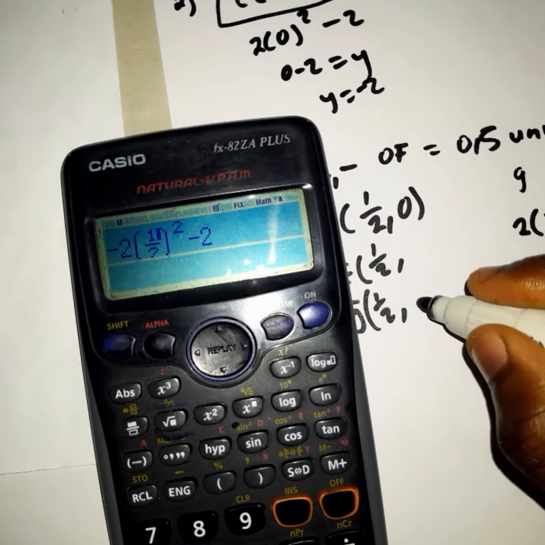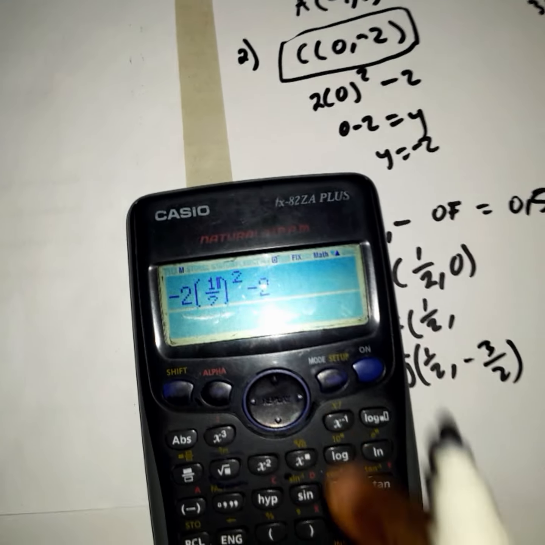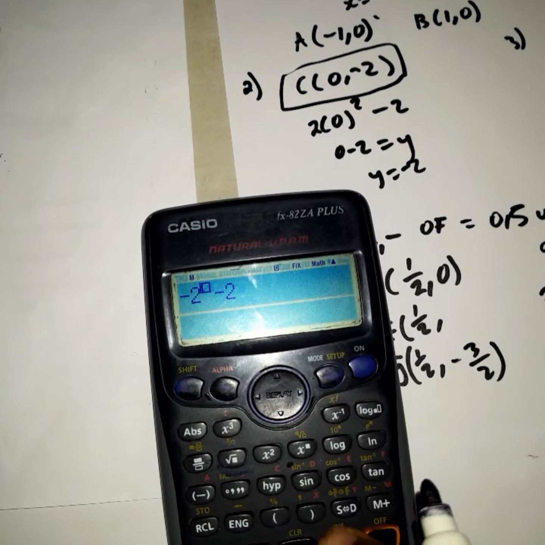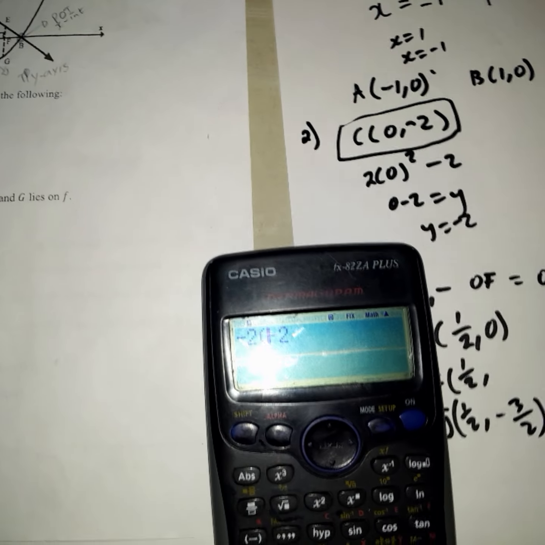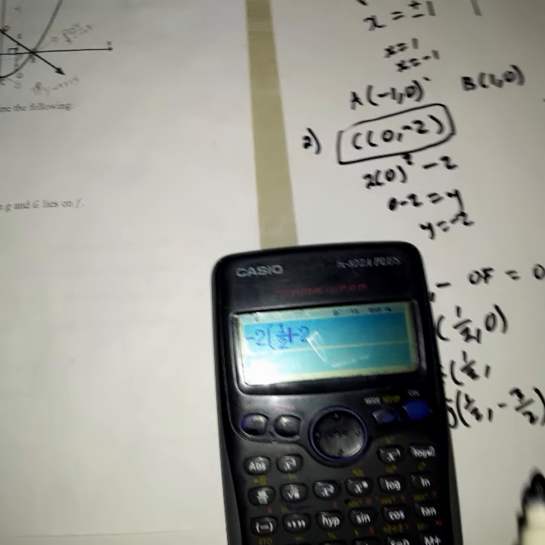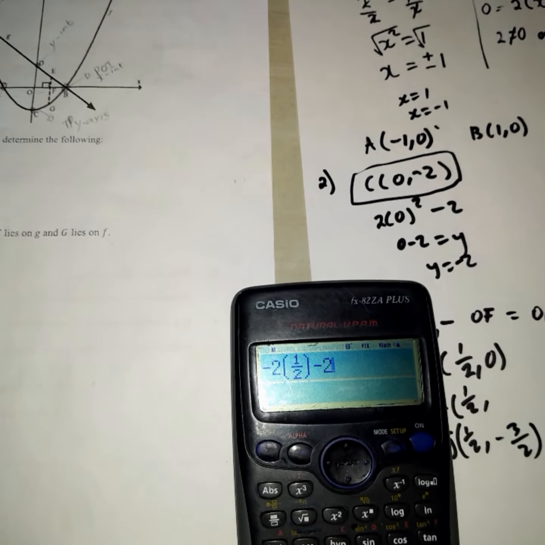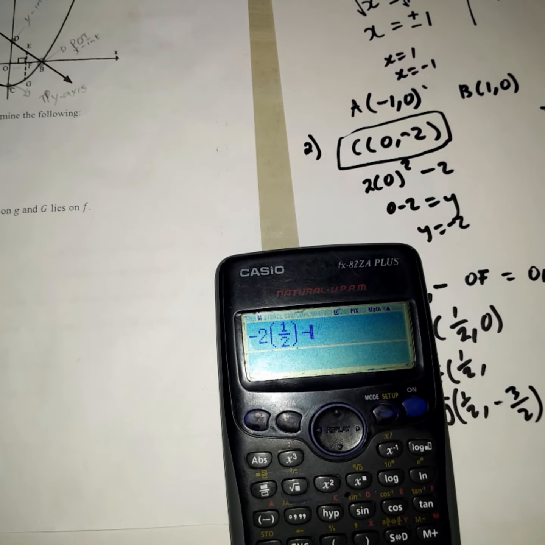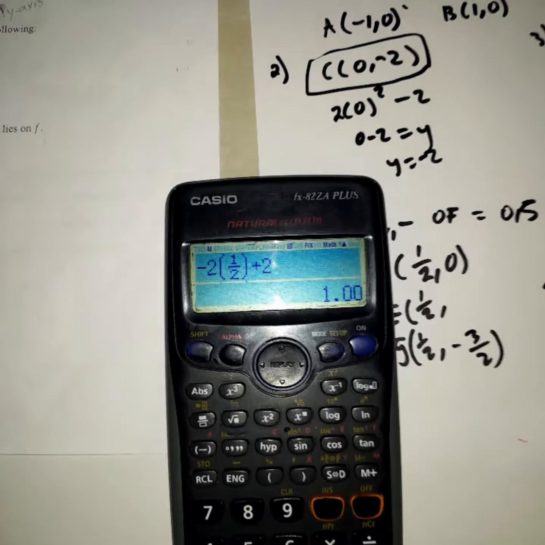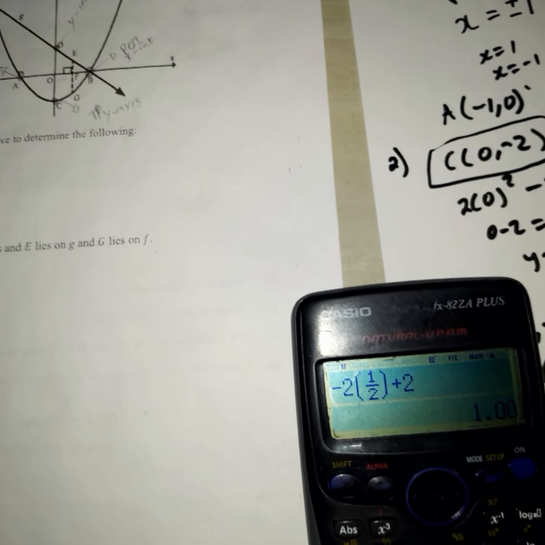So here it's negative 3 over 2. Oh yeah, I erased that. Dang it. So for the other graph we substitute and add 2. So the value is 1.